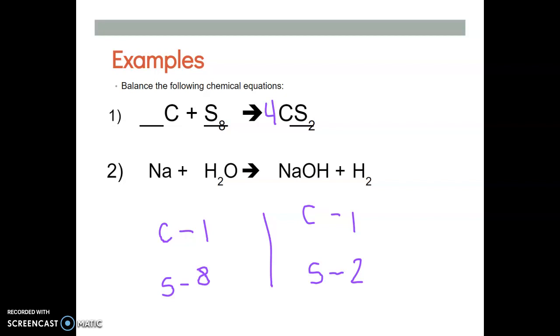Now, again, since I've added a coefficient, I want to make sure that I'm updating my number of atoms as I go along. So 4 times the 1 subscript for carbon is going to be 4. And then 4 times 2 for the sulfur is going to be 8. Okay, now my sulfurs are balanced, but my carbons are unbalanced.